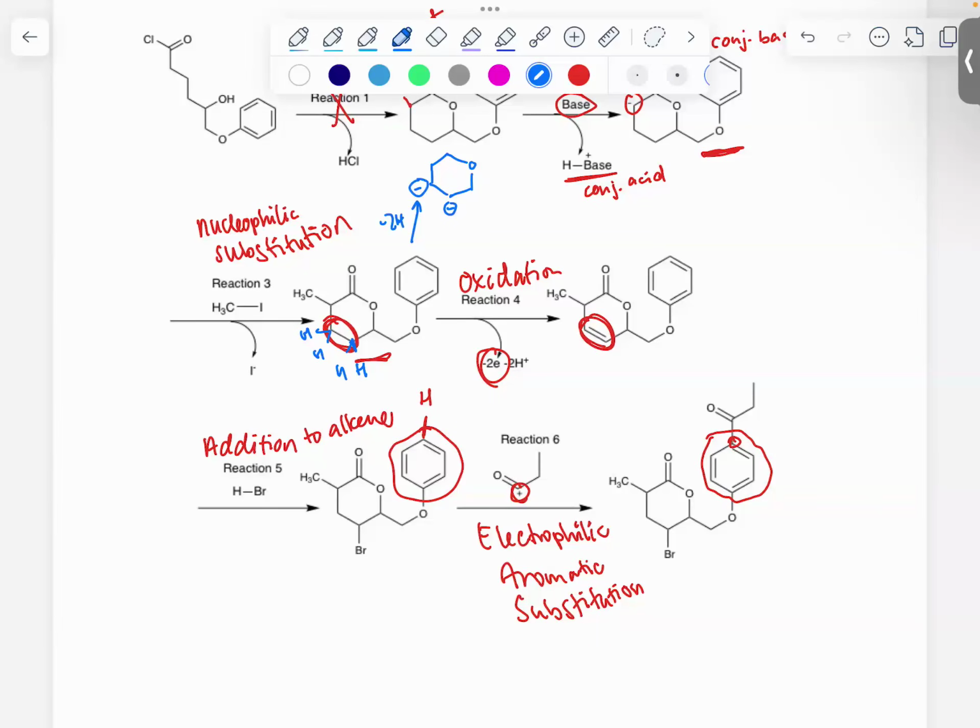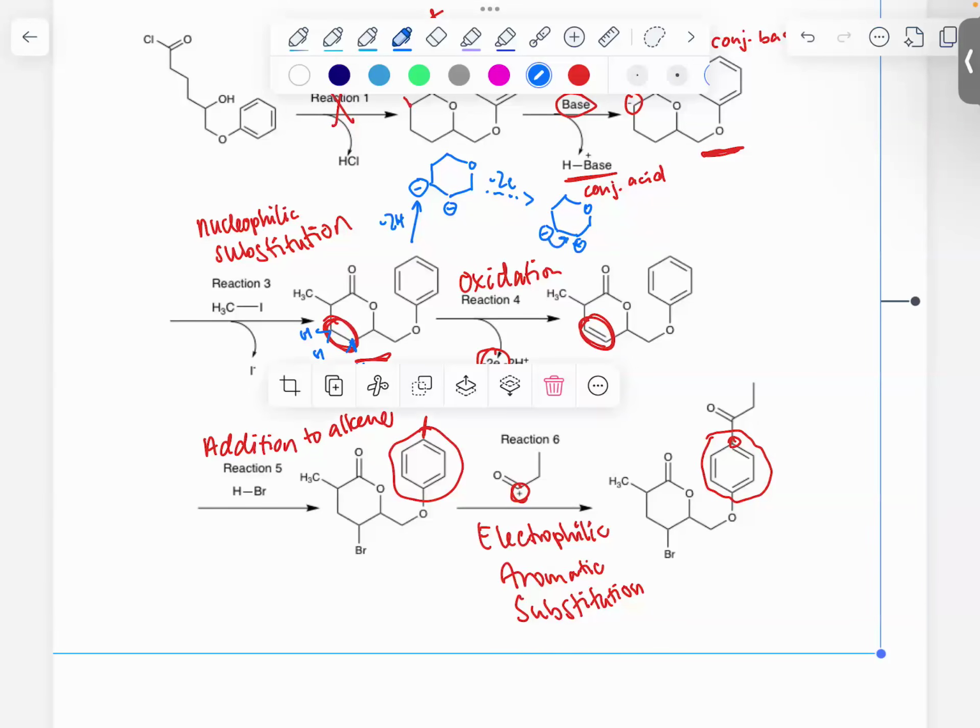Two negatives will not react with each other. So we have to lose 2 electrons. Then we have a negative and a positive. Those can react and form our double bond.